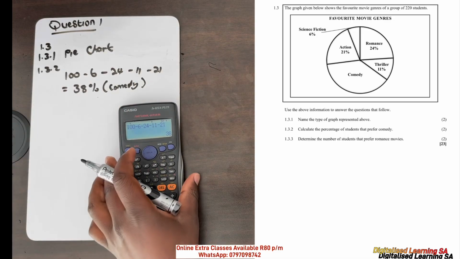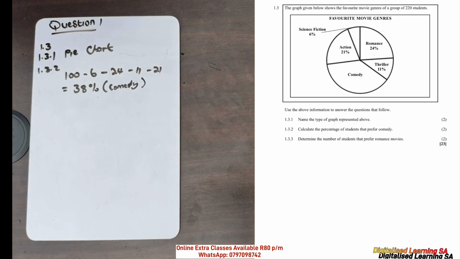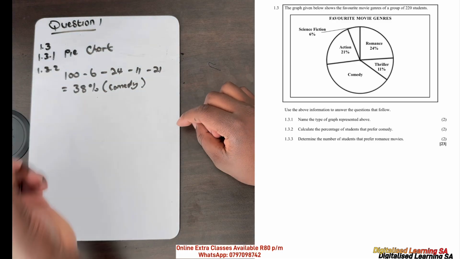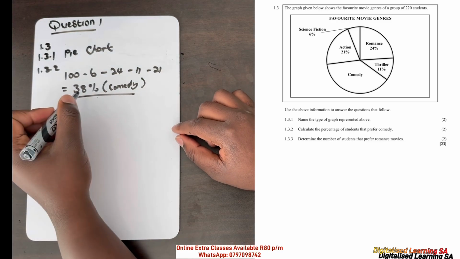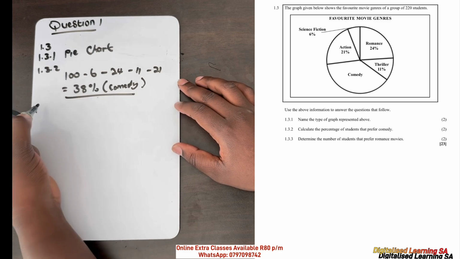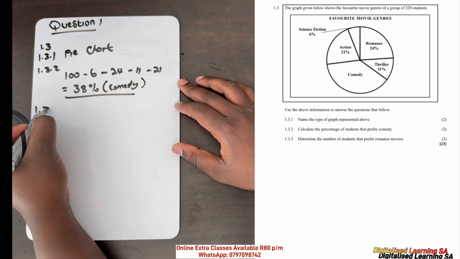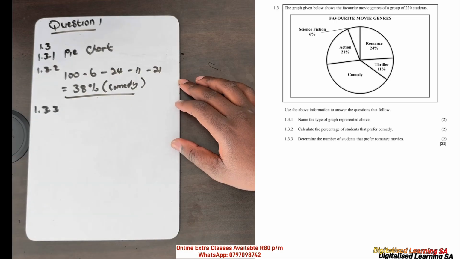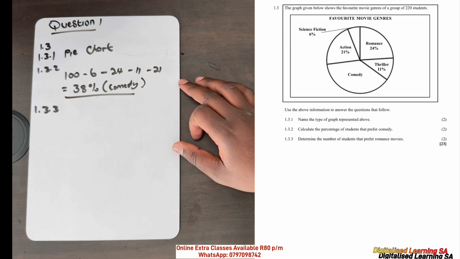So the total percentage is equal to 100, meaning that if you have one missing value, we can calculate the missing value percentage. That's what we did. Okay, so now let's go ahead and work on our final question for question 1, which is question 1.3.3. So question 1.3.3 says that determine the number of students that prefer romance movies.